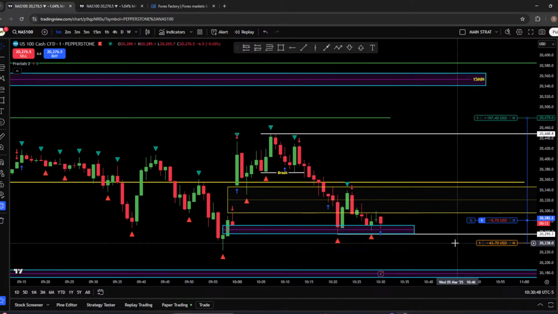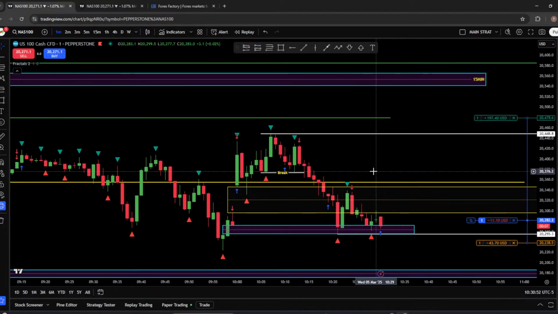Yeah, that was a bad trade. That was a very impulsive trade. Should have waited for the break. We need to wait for the break of this structure there.